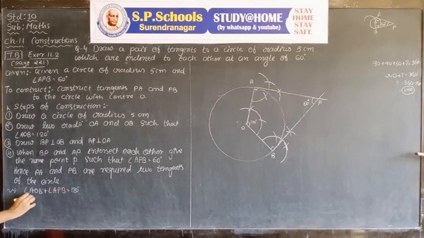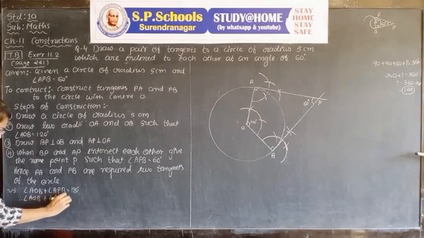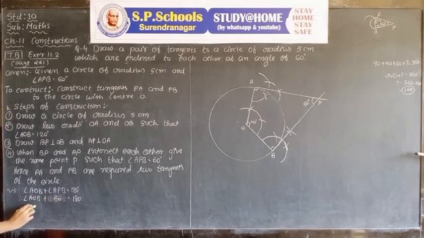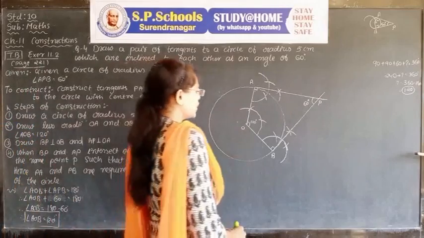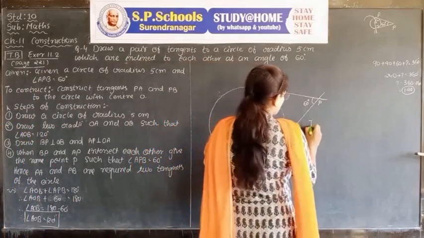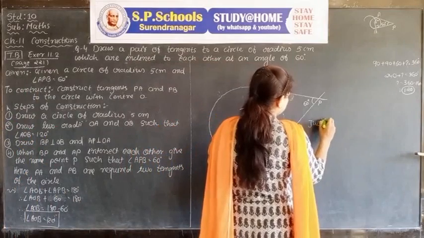But we don't know the angle AOB. As we know, APB is 60 degrees. That's why angle AOB is equal to 180 minus 60 degrees. Therefore, angle AOB is equal to 120 degrees, and we construct the angle of 120 degrees between the two radii. Now the justification for this construction.